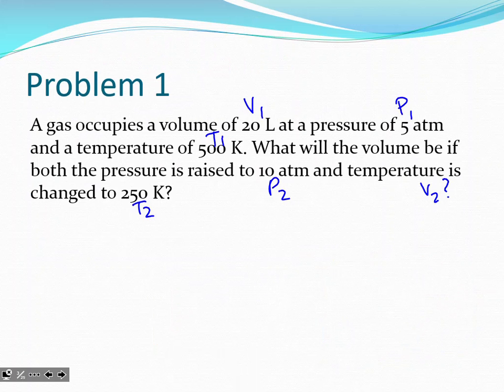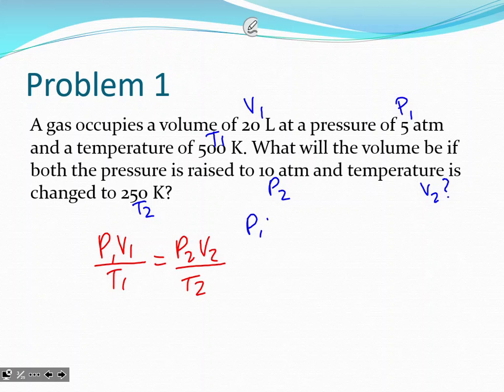So once again, you write out your formula, P1V1/T1 equals P2V2/T2, but as I've said before, I don't like that way, so I do P1V1T2 equals P2V2T1. Then you just plug them in and cancel and go for it.